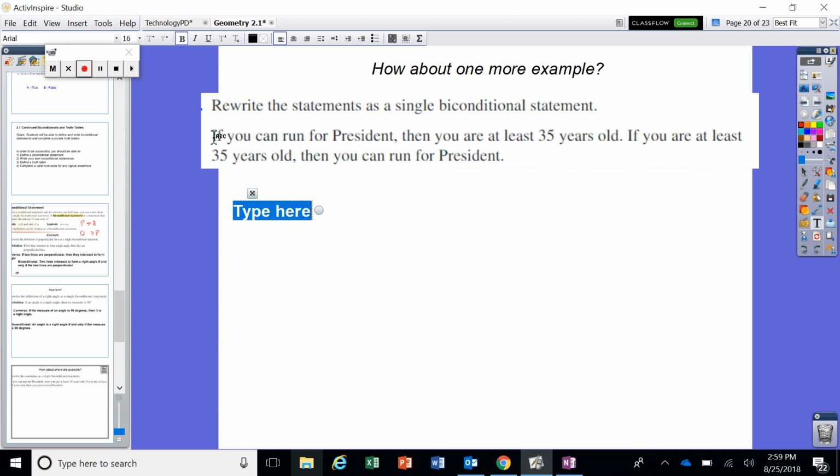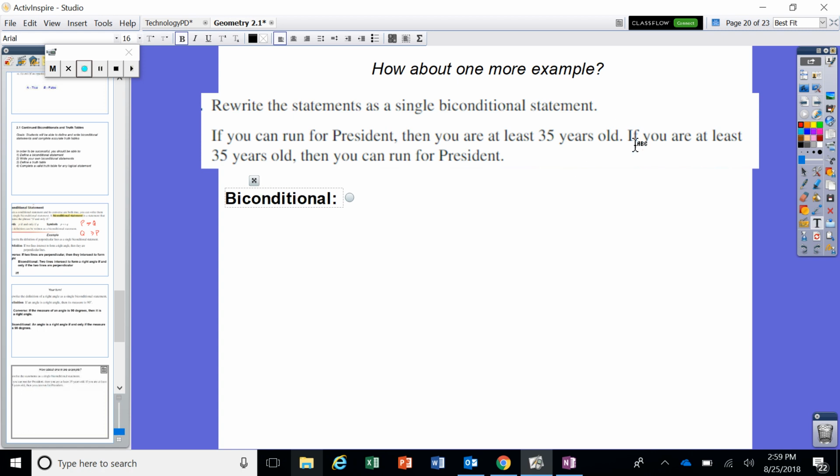So it's almost like the very first part is our definition. Our second sentence is our converse, and our goal is to combine the two. The first one will act as our conditional statement.